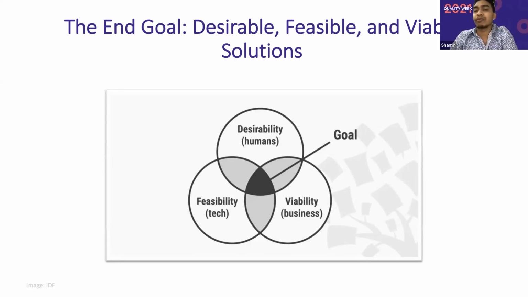When you figure that out, it's a mix of desirability, that means the human aspect, and then the feasibility from a technical perspective. How can we achieve this from an application perspective? Then the viability: can we do this, or how does this impact the business? So when you actually get a proper output, it's a balance of these three areas, right?